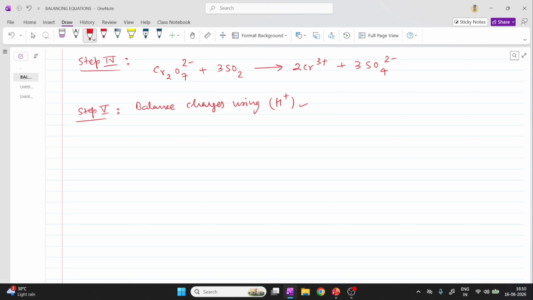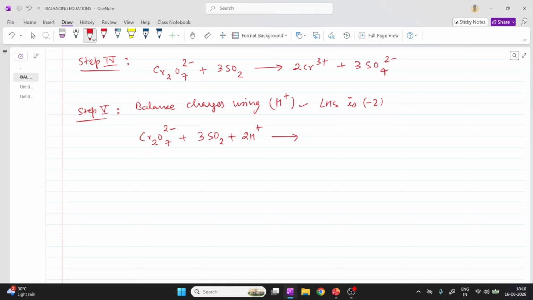Now I'm writing the equation. You can also mention it: LHS is minus 2, so that's why I'm adding 2H+. Cr2O7 2- plus 3SO2 plus 2H+, because it has to be equal, and that too in acidic medium.